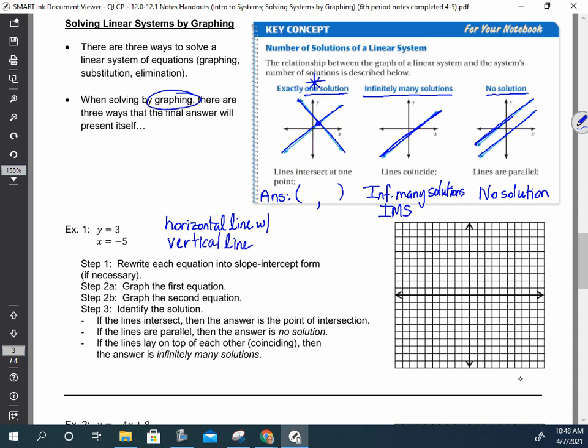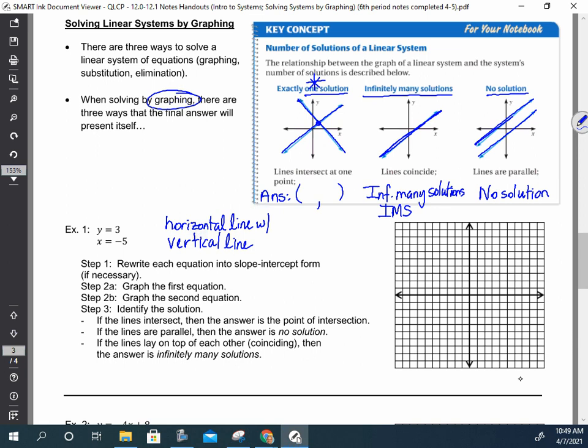This is very, very similar to what was on your test. The question that was on your test was: graph the vertical line, graph the horizontal line, and tell where did they meet. This is literally the exact same problem.